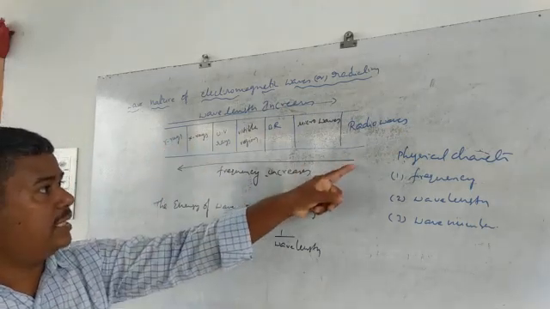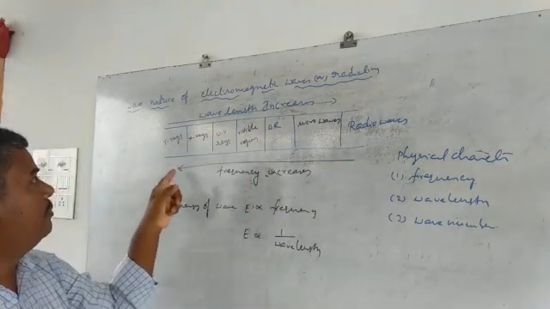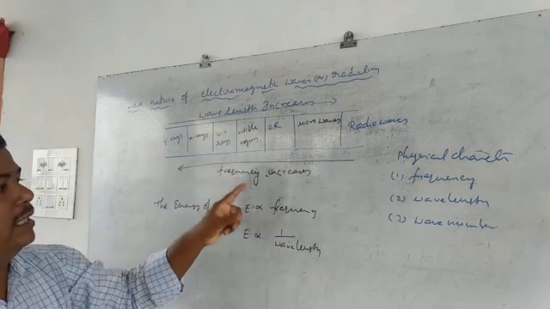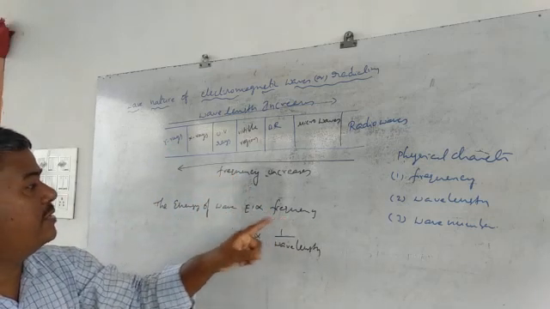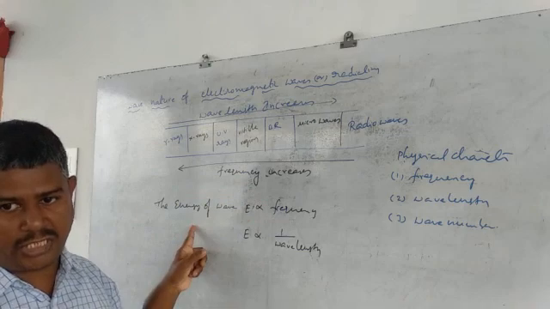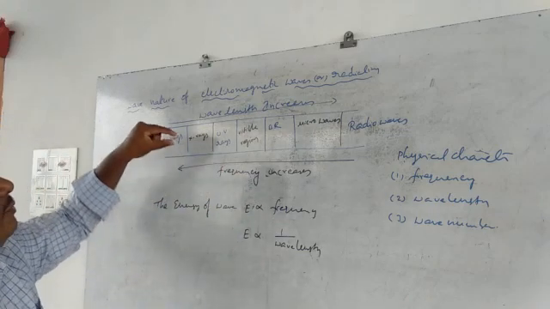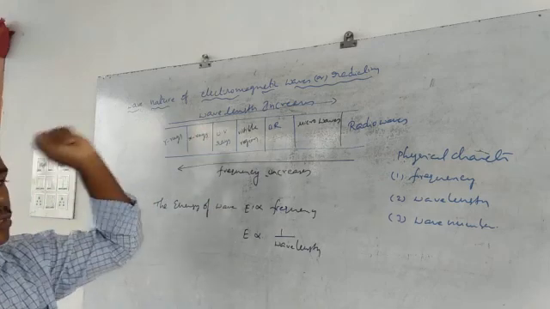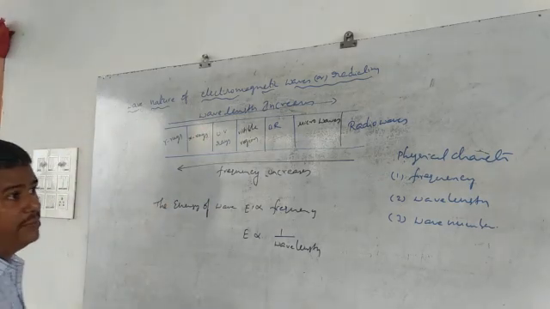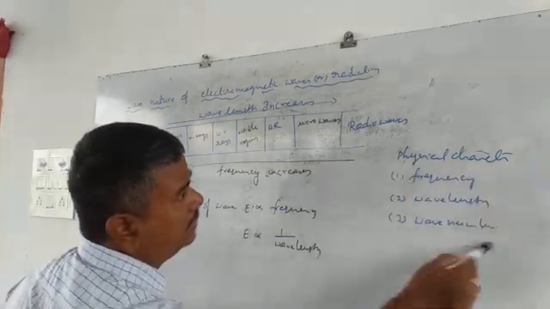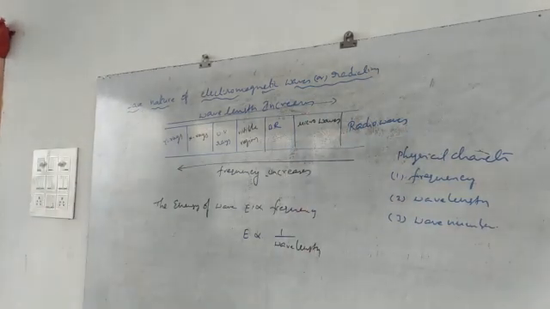Whereas for frequency from right to left, gamma rays have more frequency. That means whichever has more frequency is more energetic. Clear? So that is the relation between wavelength and energies. So here some of the physical quantities are defined. What are the physical quantities here? Frequency, wavelength and wave number.